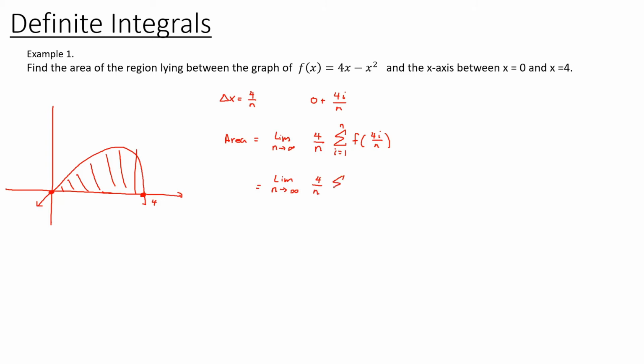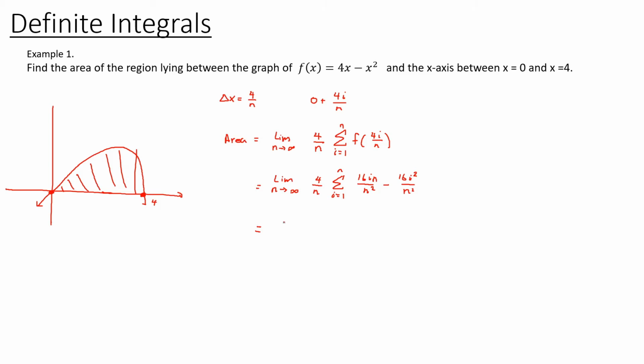So it will be the summation of i equal to 1 to n of 16i over n minus 16i squared over n squared. I'm going to make this a common denominator, so I'm going to write 16in over n squared instead of 16i over n.